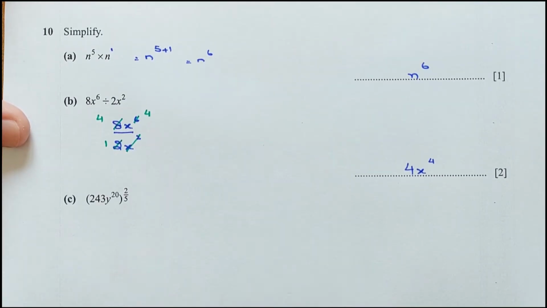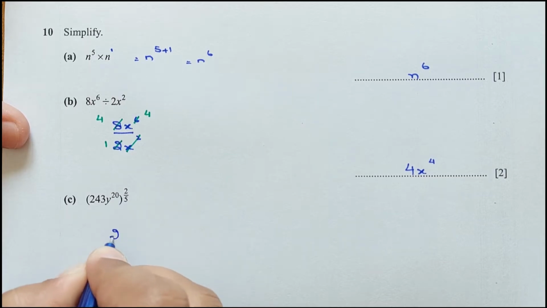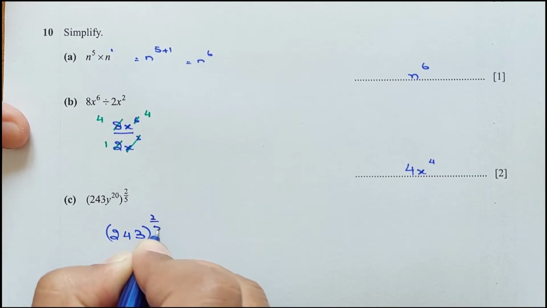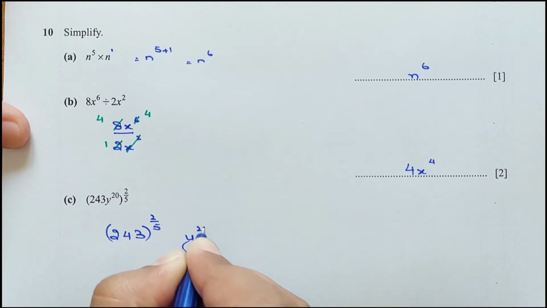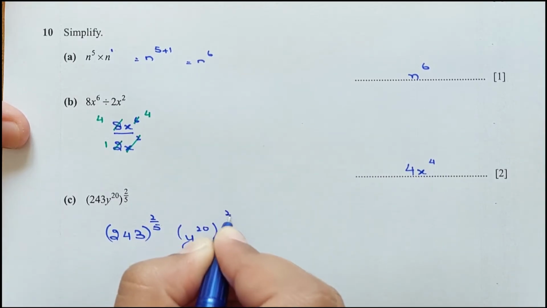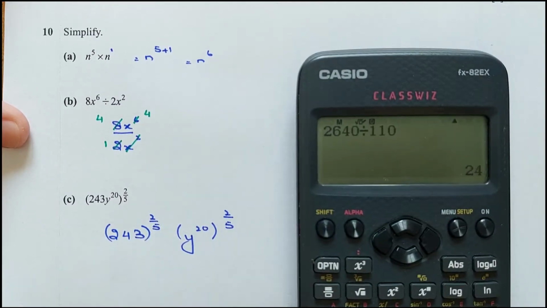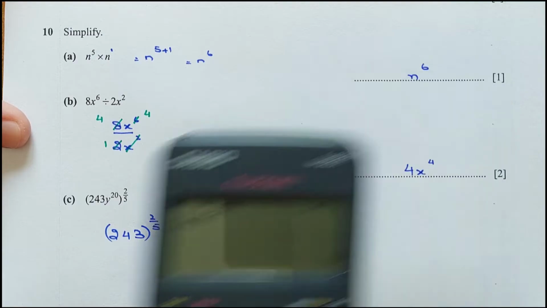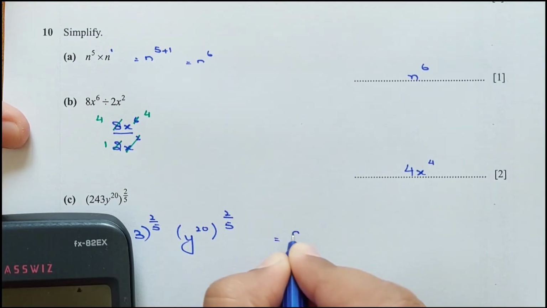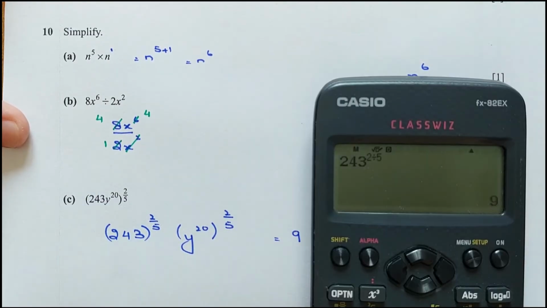Now the next one, we have 243, its power is going to be 2 by 5, and y20, its power is going to be 2 by 5. Let me simplify. 243 exponent 2 by 5, which is 9, right?